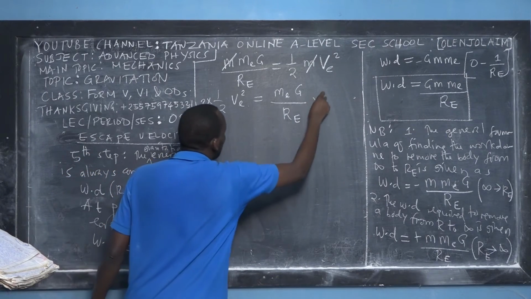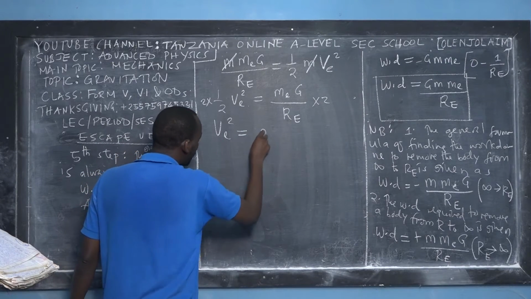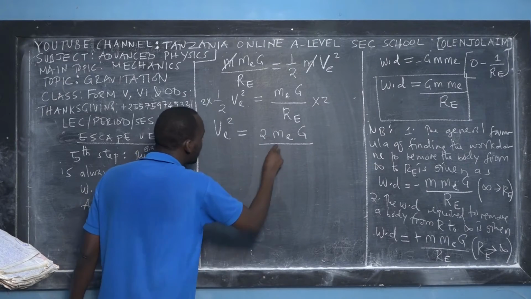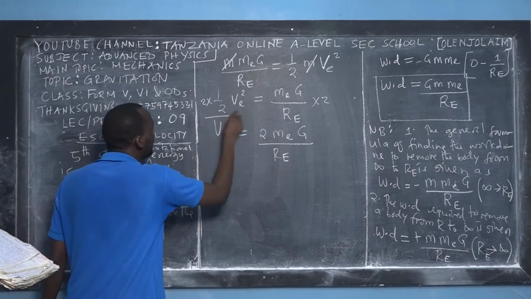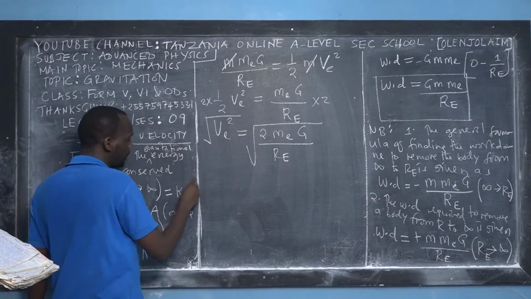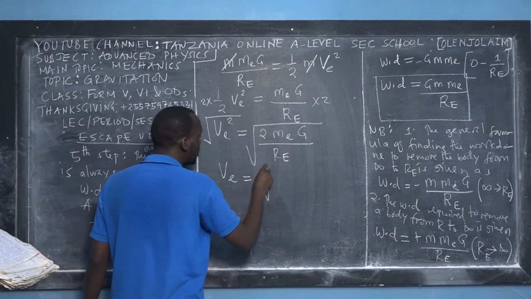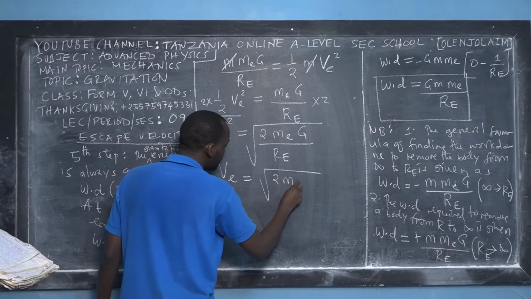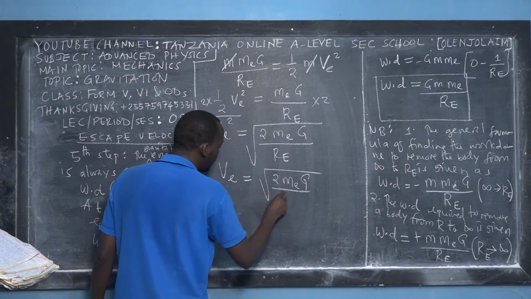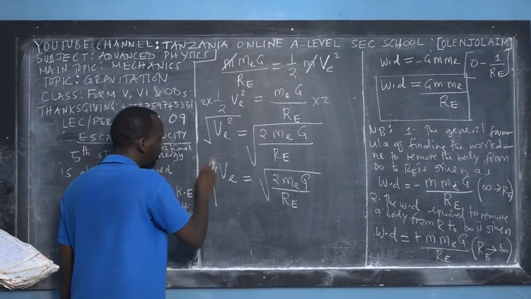We multiply both sides by 2, so the escape velocity squared is equal to twice the mass of the Earth times the gravitational constant over the radius of the Earth. Our intention is to derive the general formula of escape velocity, which is the square root of twice the mass of the Earth times the universal gravitational constant over the radius of the Earth.